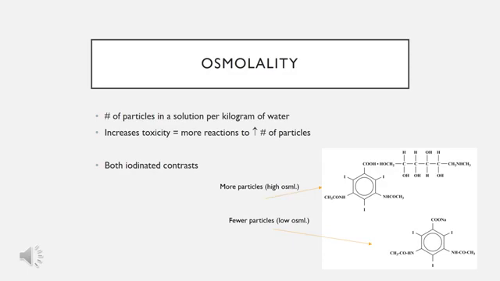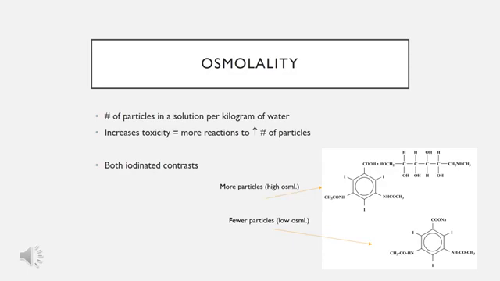So if the contrast is made up of molecules with multiple particles or multiple atoms, it's considered to have a high osmolality. So if we look at the top molecular structure on this image, that has more particles, more atoms within the molecular composition. Therefore, it has a high osmolality.